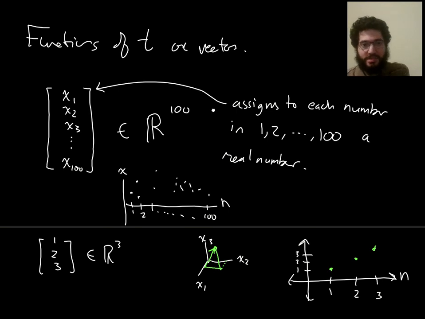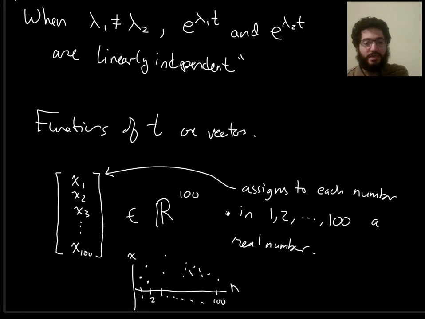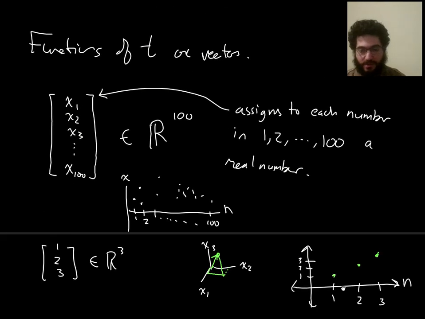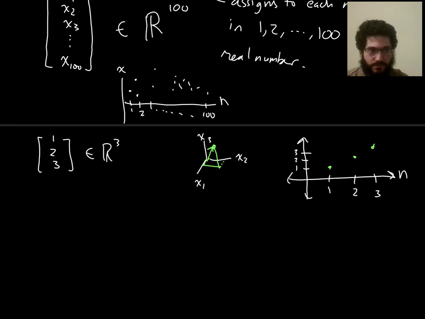And all that's changing now, when you look at a function of t, is that the input, instead of having to be discrete like this, is allowed to continuously vary. So we're including the stuff in between. As we go from column vectors to functions, we're going from x sub n, which is like x as a function of n, x sub 1, x sub 2, x sub 3, etc., to x of t.